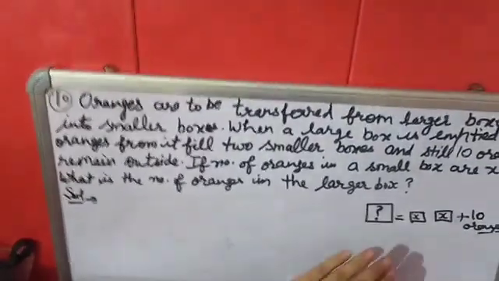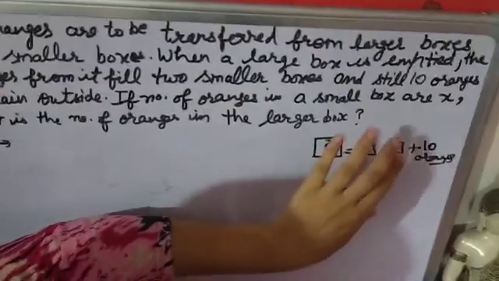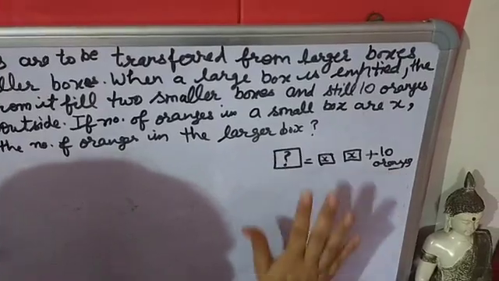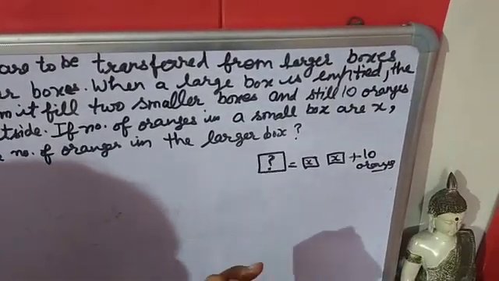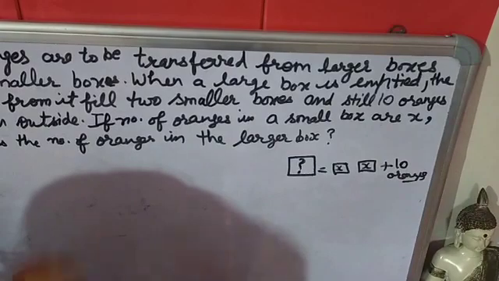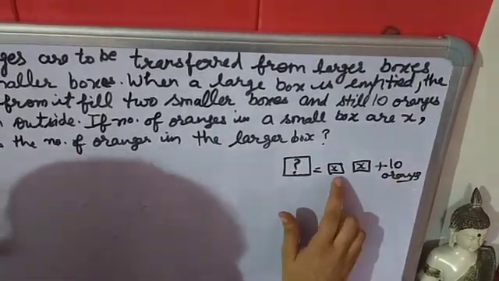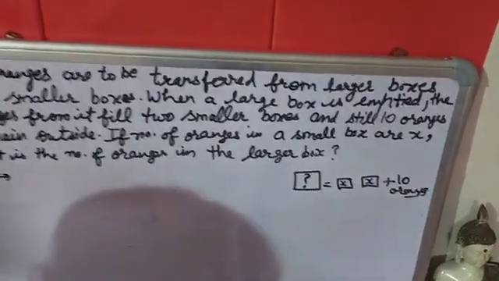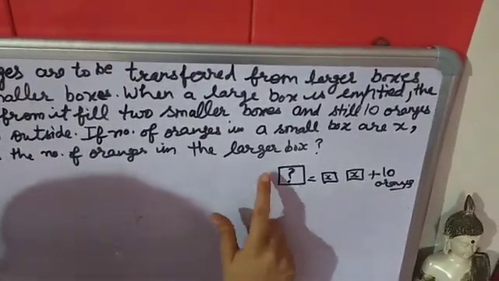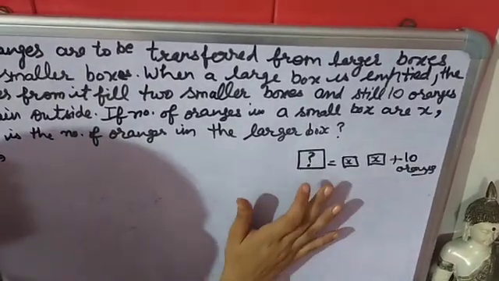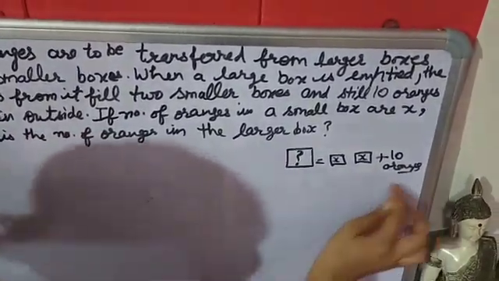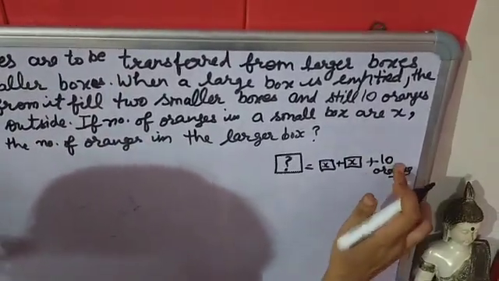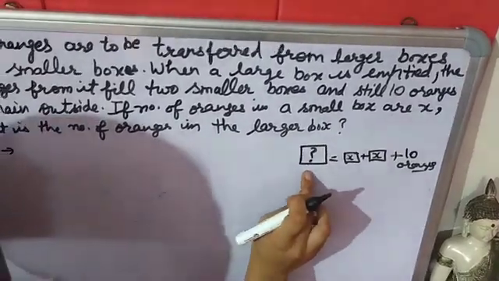I am telling again, oranges from the larger box shifted in these 2 small boxes, and after shifting 10 oranges are left outside, and in this box X oranges are there, and in this box X oranges are there. Now you have to tell how many oranges were in the larger box. So it means you have to tell total oranges, है ना. If we add these 3, then we will get total oranges of this larger box.